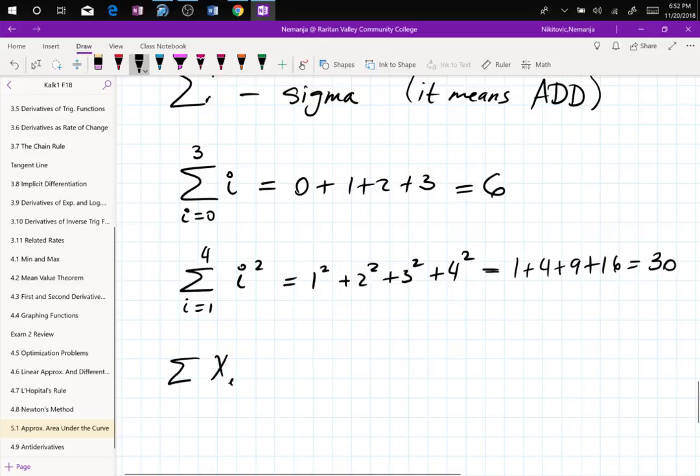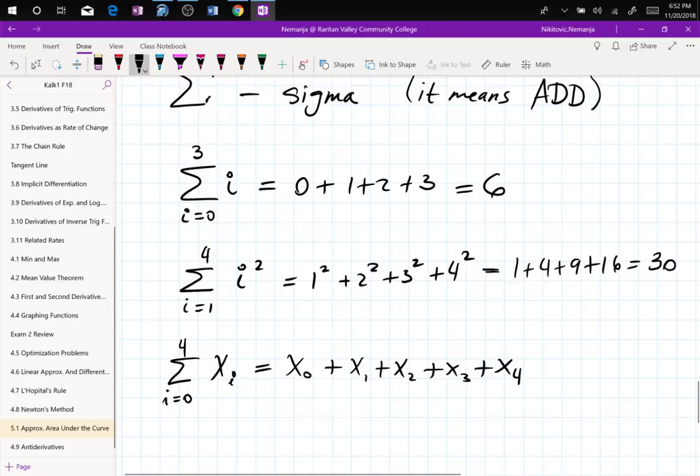Summation of x sub i when i goes from 0 to 4. Well, now i is just a subscript. This is what we actually need. So i is a subscript, which means this is x0 plus x1 plus x2 plus x3 plus x4.